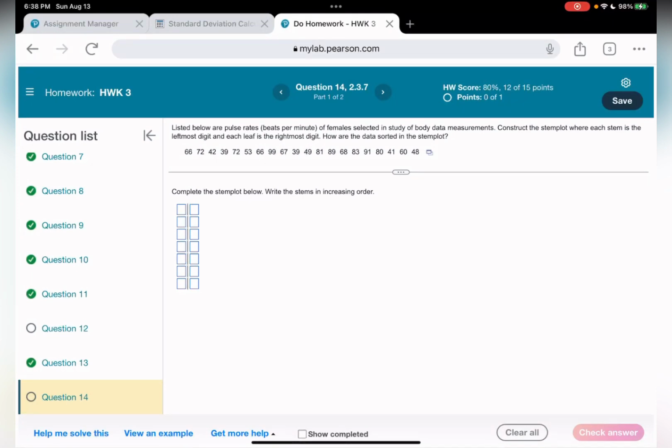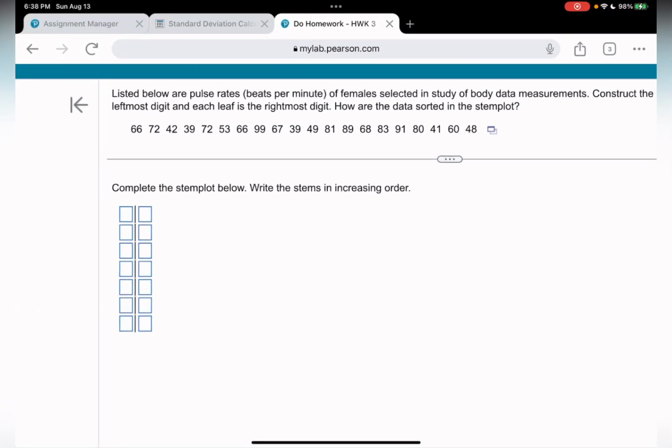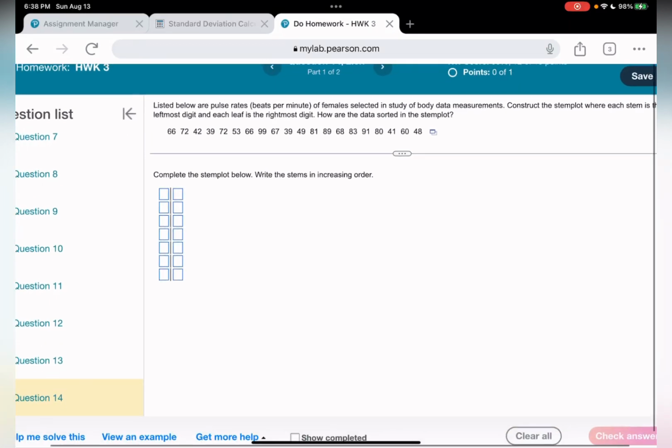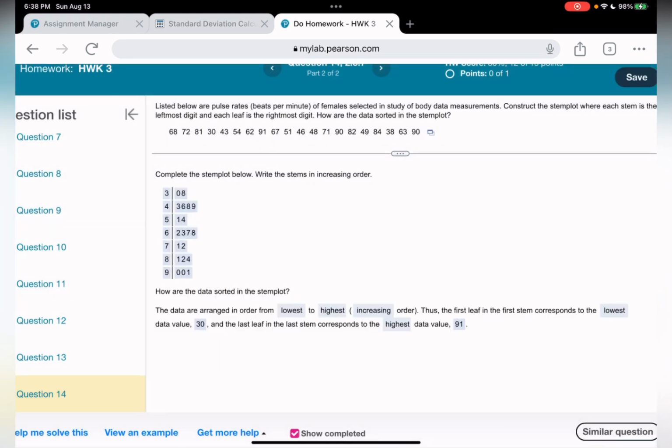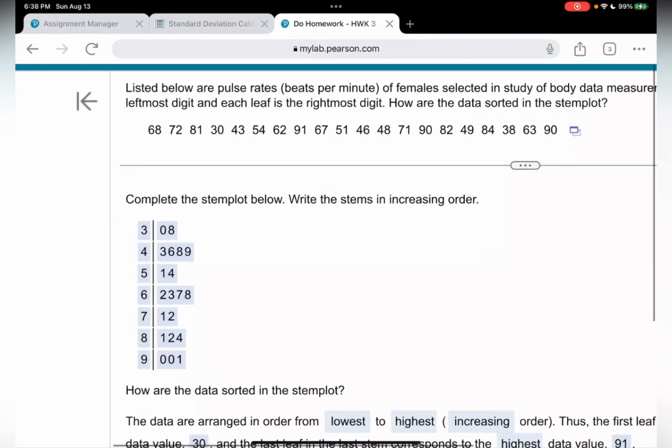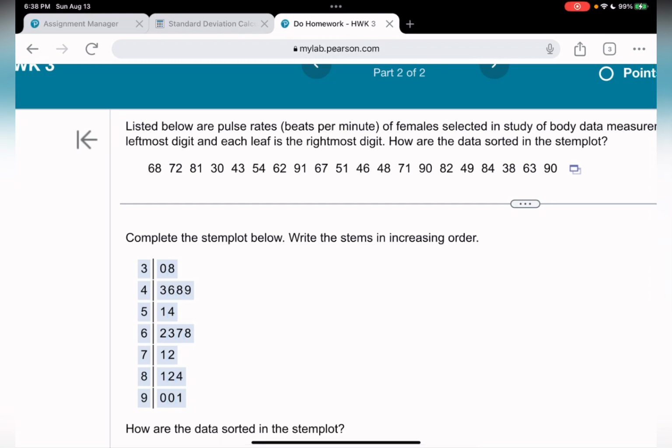So let me, I'm not going to write down all this, but I just open it. So what do we have here? We have 3, 0, 8, which means we have 3, 0, and 3, 8.